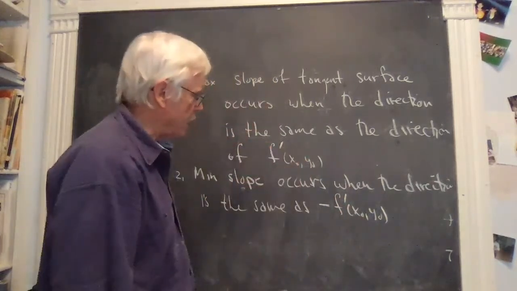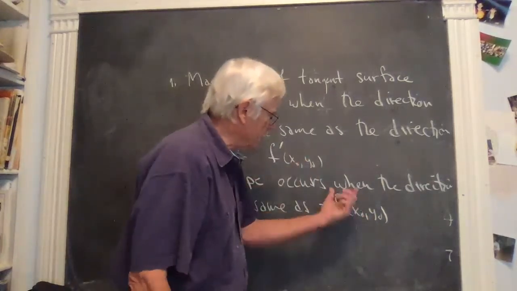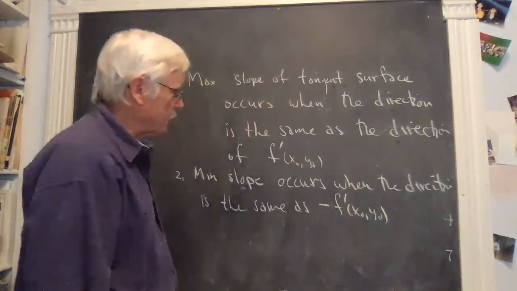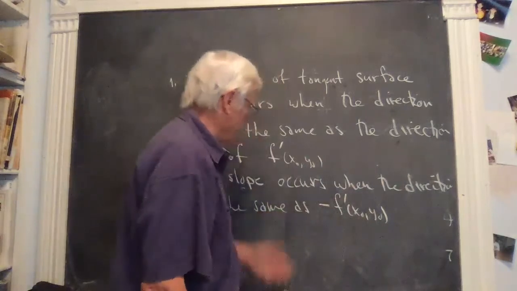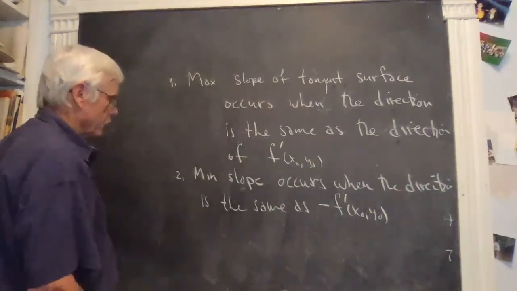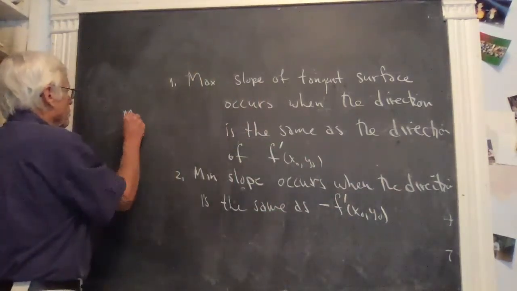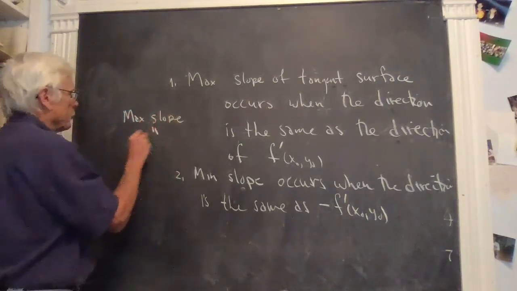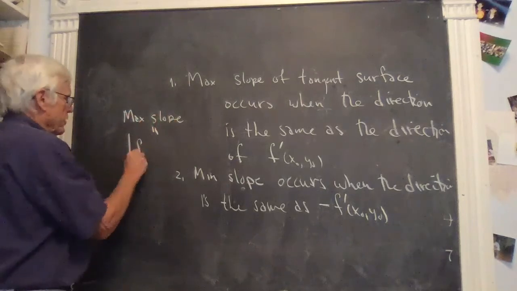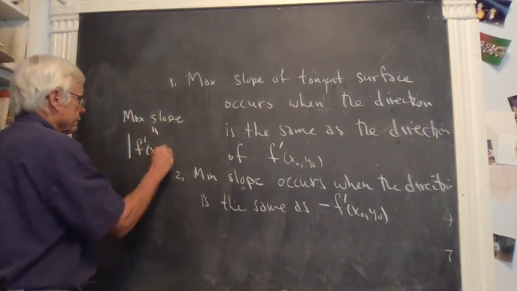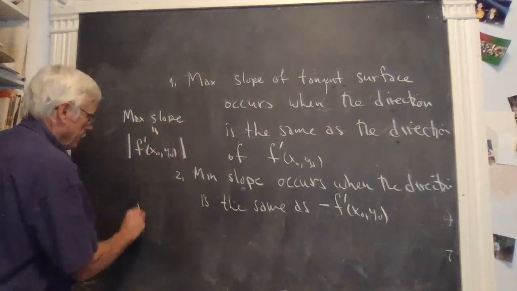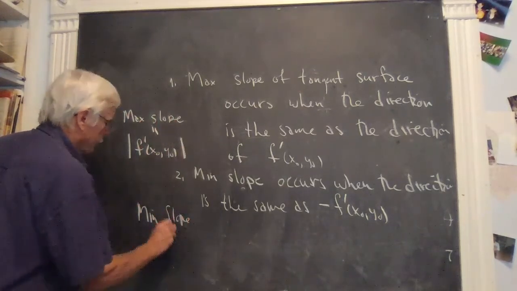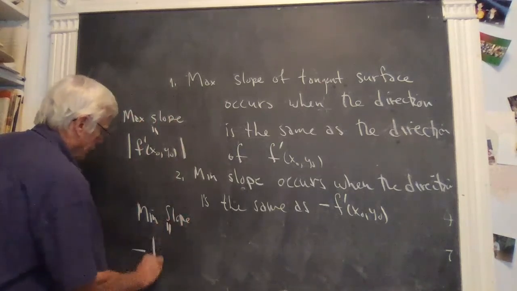That's the direction of the maximal slope. The negative is also a vector. It has a direction, the unit vector in that direction, and that's where the minimum slope occurs. The max slope equals the length of the derivative, and the min slope equals the negative of that.